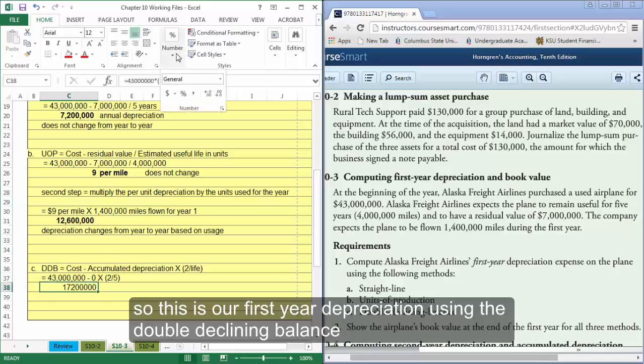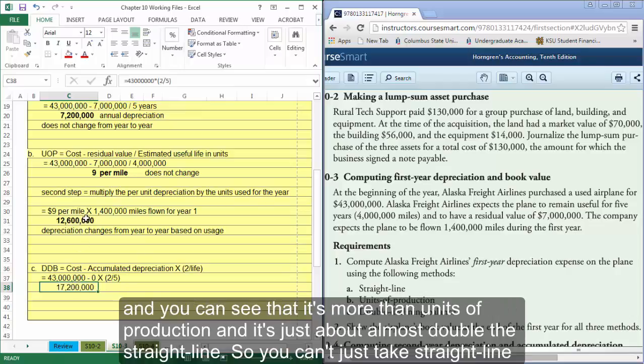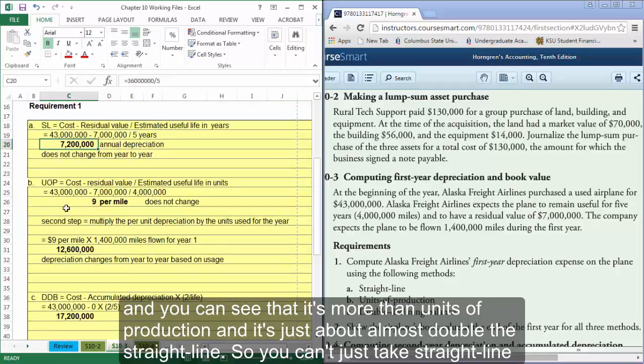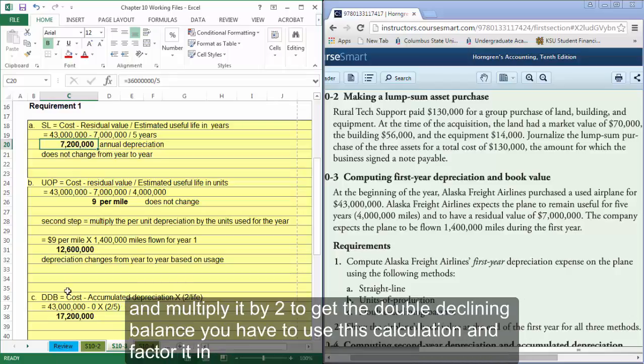This is our first year depreciation using double declining balance. You can see it's more than units of production, and it's more than double the straight line. So you can't just take straight line and multiply it by 2; you have to use this calculation.